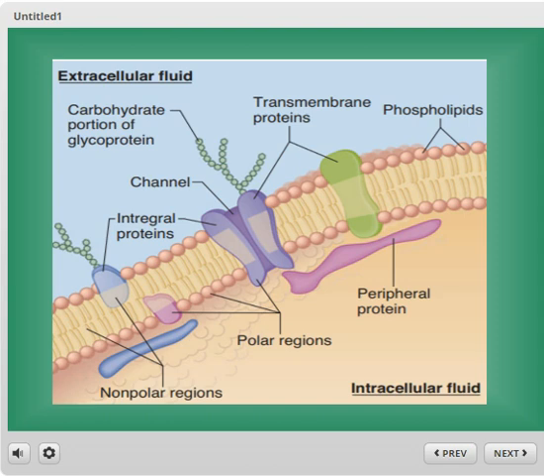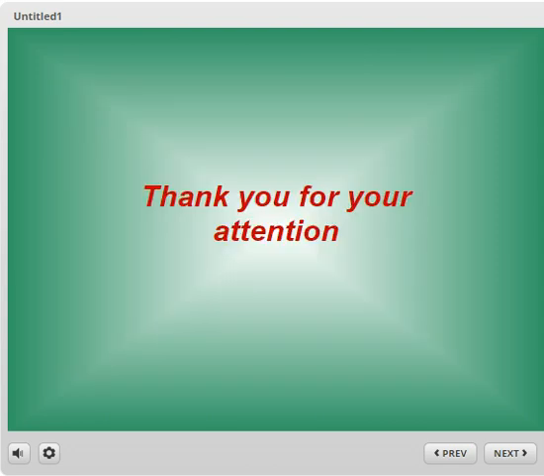Another component of the cell membrane is carbohydrate. This carbohydrate connects to the protein or lipid and produces glycoproteins and glycolipids.